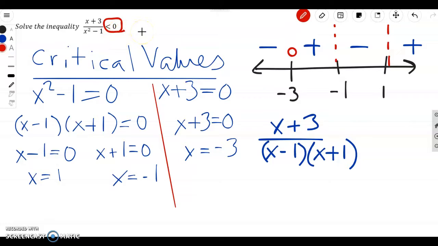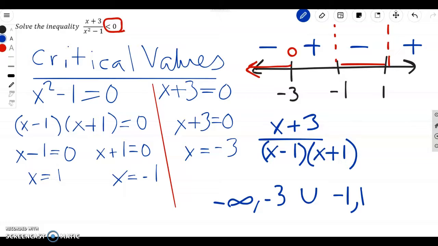And so when I'm looking at this, it is negative on this interval here, and also on this interval from -1 to 1. And so when we write our answer, I know that it is going to be less than 0 from negative infinity up to -3, and then also from -1 to 1.